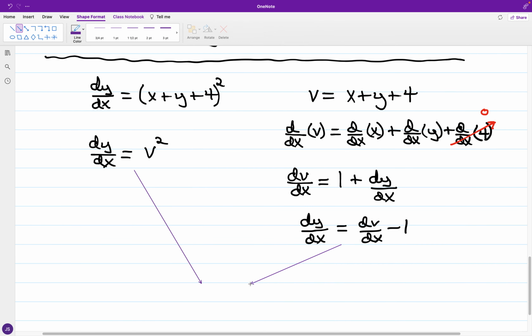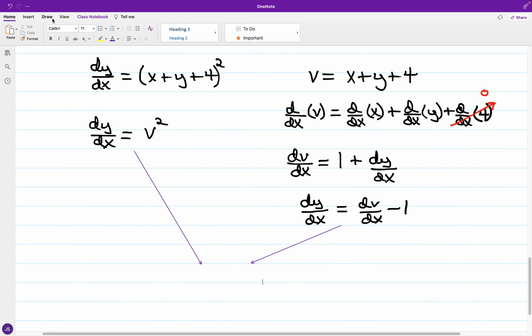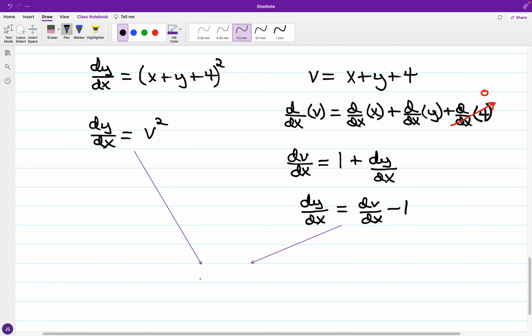So doing a bit of interlocking, and now taking what we have in dy over dx and putting it in terms of the variable v, I'm just going to switch the order. So now we have dv over dx minus 1 is equal to v squared.